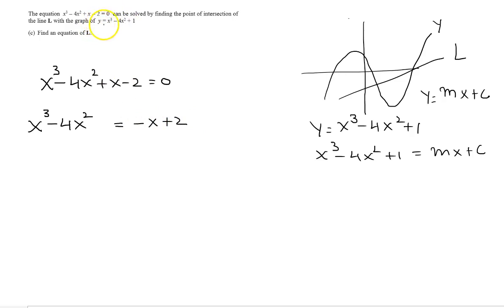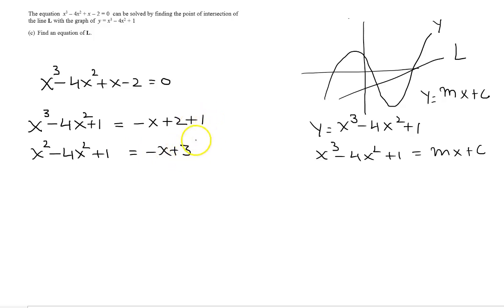Now in our original equation the 1 is there, we add 1 here and we add 1 here. We are trying to simplify this equation in terms of this. So x cube minus 4x square plus 1 is equal to minus x plus 3.